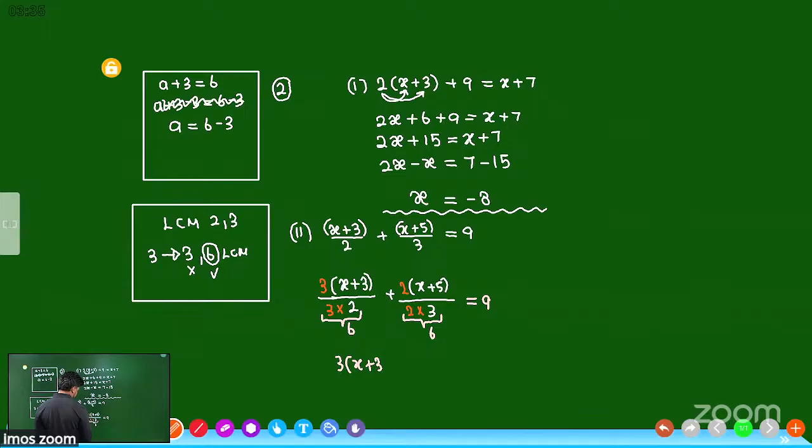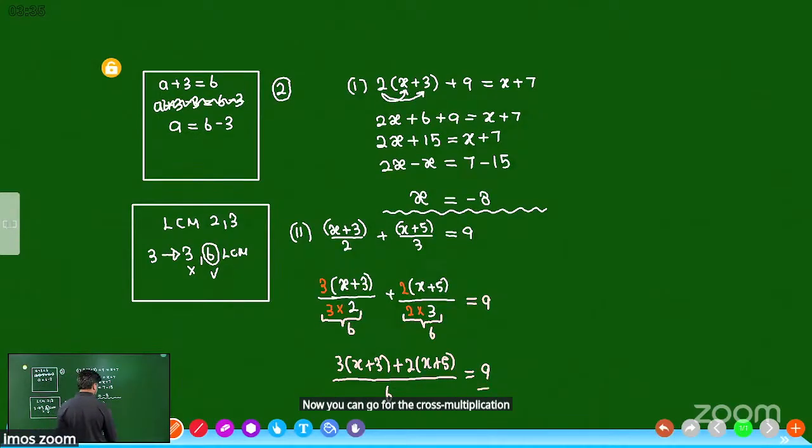So I can say 3 into x plus 3, plus 2 into x plus 5, over 6 is equal to 9. Now you can go for the cross multiplication. The denominator is 1. If you multiply this thing by 1, you get that thing.